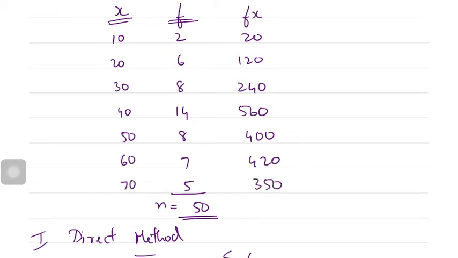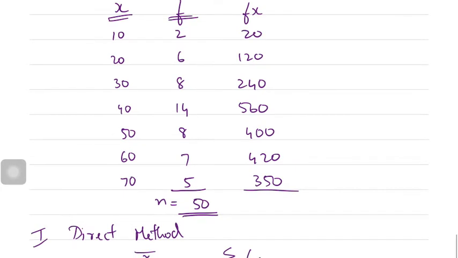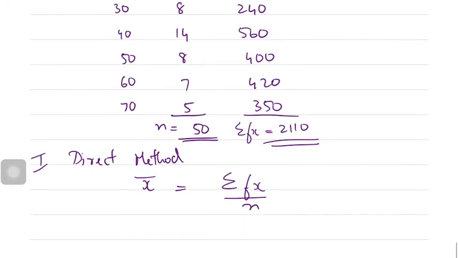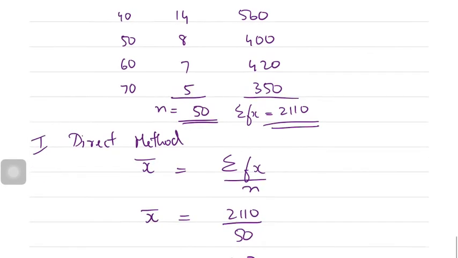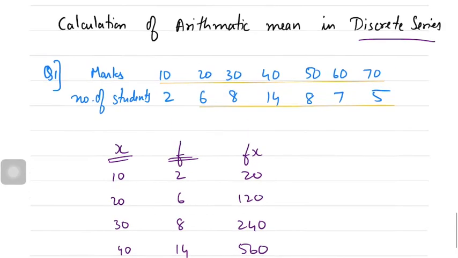And you need total of fx, that is summation fx. When you total it, it comes to 2110. So arithmetic mean is equal to 2110 divided by 50. When you divide it, you get 42.2. So you calculated arithmetic mean using direct method in case of discrete series.